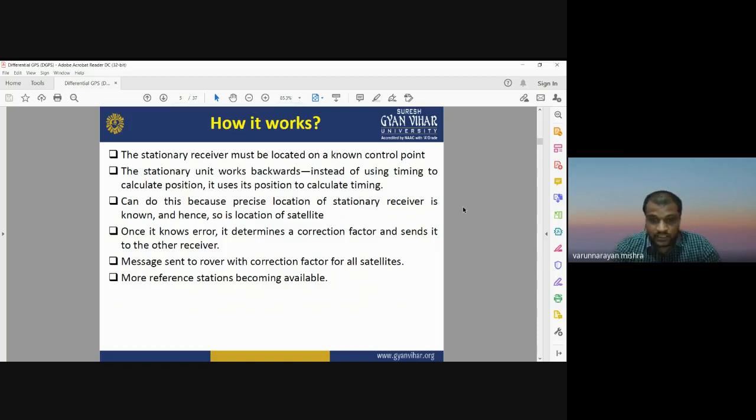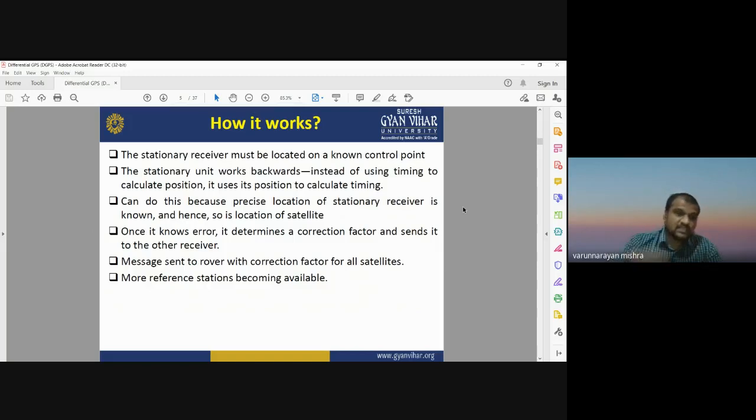There may be some distortion, some positional inaccuracy. So you can easily identify how much error or deviation there is in the position of any point on the earth surface. This information will be used to correct the information received by the rover station. So the message is sent from the base station to the rover station with the correction factor.